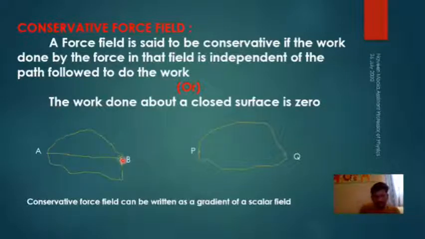Here you can see A and B are 2 points separated by a certain distance in a force field. Here we are showing 3 paths: path 1, path 2, path 3. If we calculate the work done by that force in moving an object from point A to point B along any of the paths, and the work done calculated along all these 3 paths is found to be equal, then we say that force field is conservative.